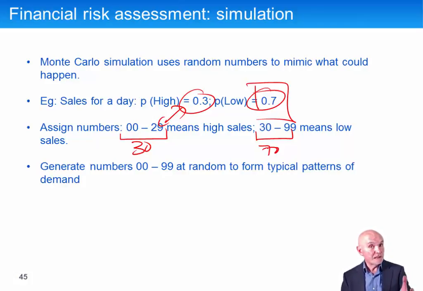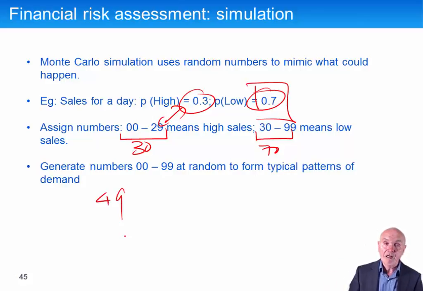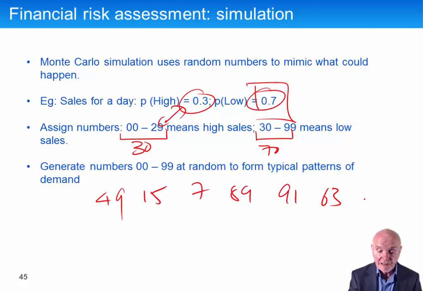And then what you do, ideally by computer, is you generate a whole list of random numbers. So let's say the random numbers come up, and I'm just making this up: 49, let's say 15, let's say 7, let's say 89, let's say 91, let's say 63, let's say 42, let's say 21, and so on.